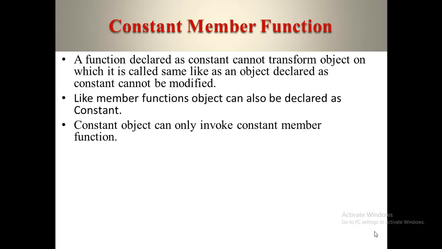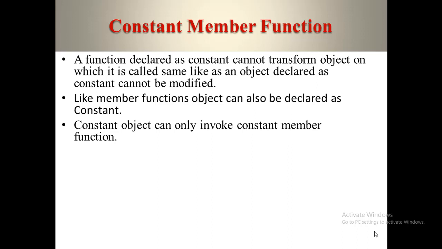Constant object can only invoke constant member functions. This is a restriction, this is a rule that an object that is declared as constant can only invoke the constant functions. It cannot invoke, it cannot call the non-constant or the simple functions.